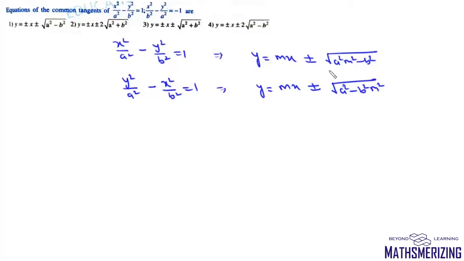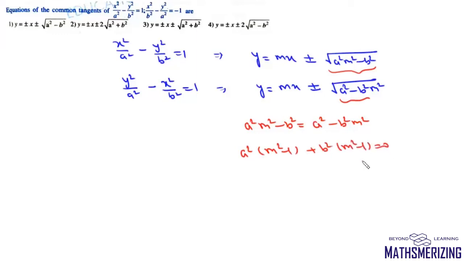Now these two equations represent the same tangent. So it simply means that this constant term must be same. From here we'll get this condition, which is a square m square minus b square must be equal to a square minus b square m square. Now we'll take everything on the left hand side. We'll get a square into m square minus 1 plus b square into m square minus 1 equals 0.